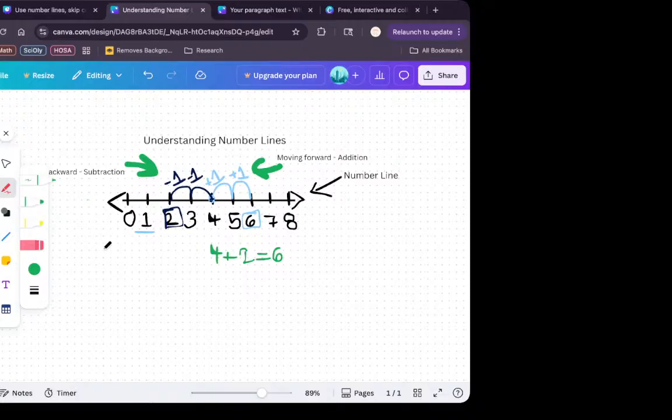However, 4 minus 2 is equal to 2. This is proof that what we got is correct.